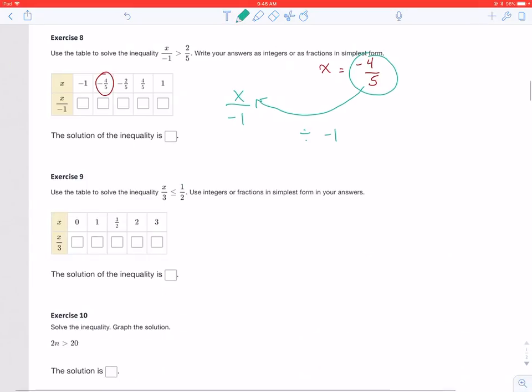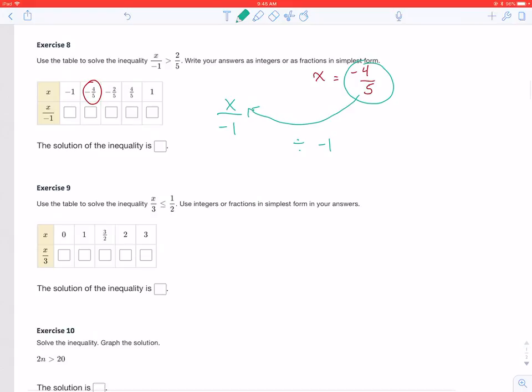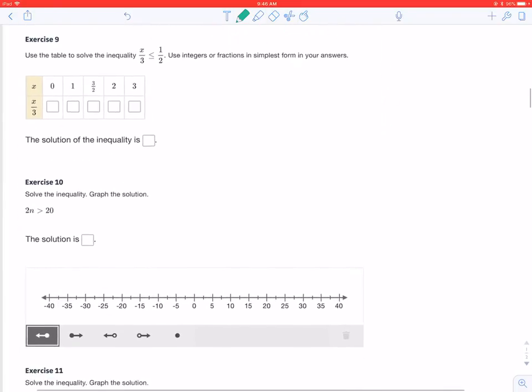So x is equal to -4 over 5. So I just substituted -4 over 5. And then we're being divided by -1. Well, any number divided by 1 is still the same number. And then a negative divided by a negative is just going to be a positive. So we just get 4 over 5. So either way that you want to do it will work.